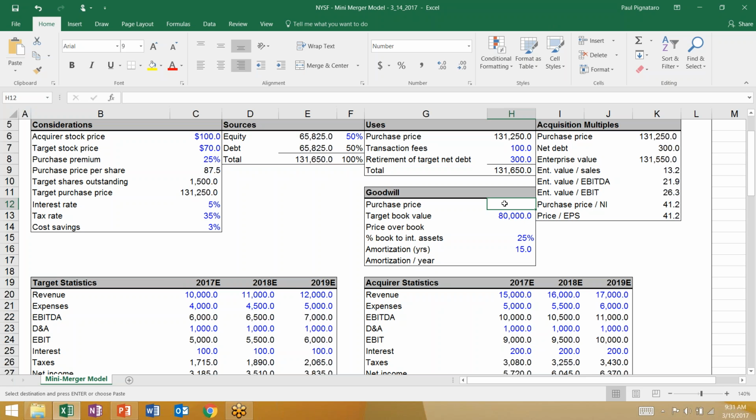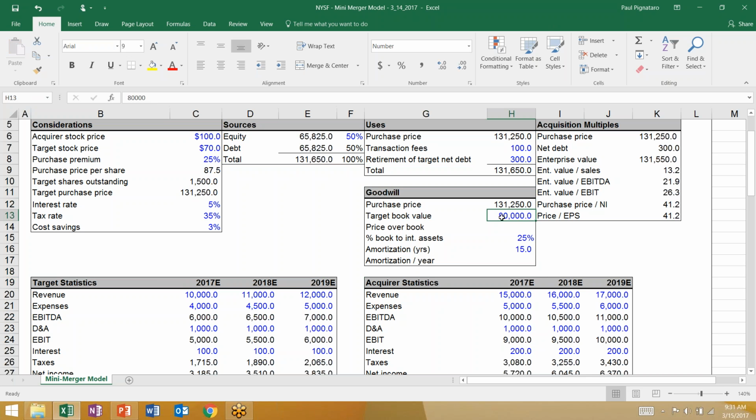So for now, as a first cut assumption, we're going to take 25% of the purchase price over book value, and allocate that to this intangible asset that can be amortized over 15 years. So the purchase price, and this box is where we're going to calculate that, is 131,250.